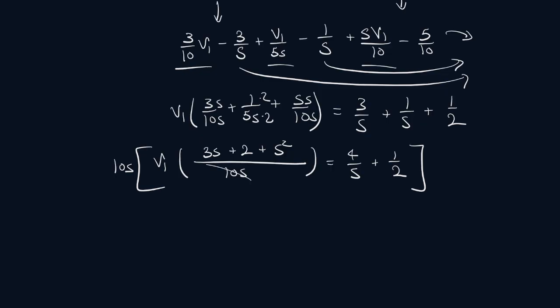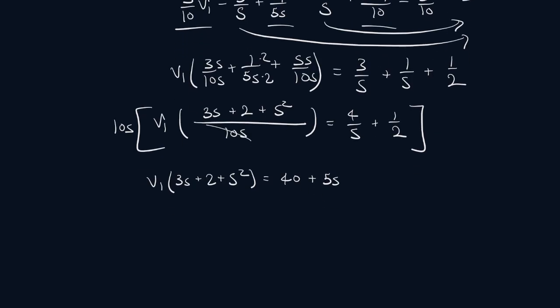So this gets cancelled out. So we have v1, 3s plus 2 plus s squared is equal to 40 plus 5s. Okay, and now let's isolate for this v1 here.